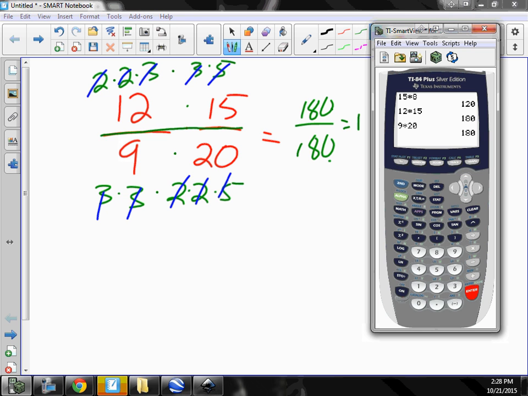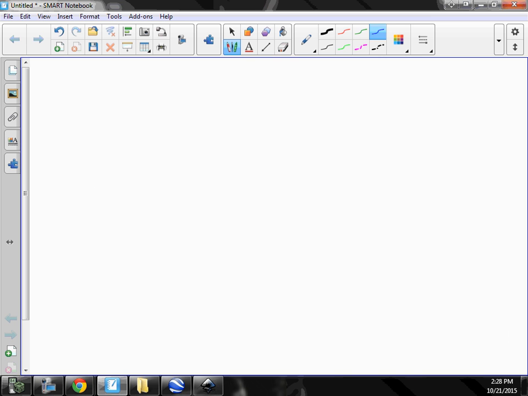So let's try this again in a little bit better situation. If I had 15 over 10 times 20 over 35, I could just draw this straight across, and now any factor on top can cancel any factor on bottom. Do you see any that will cancel?